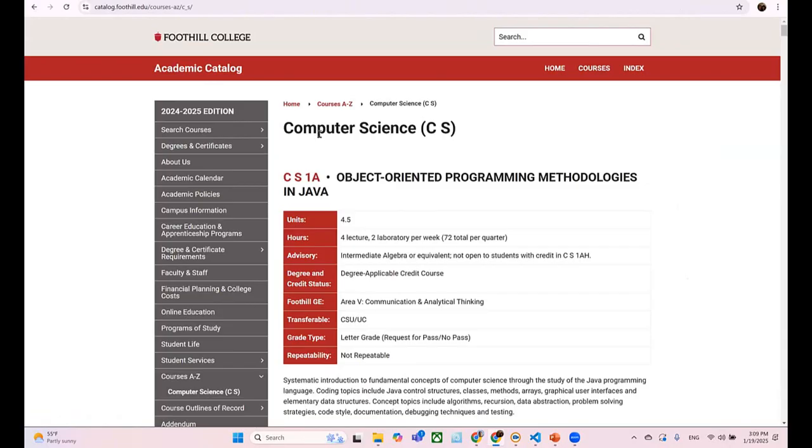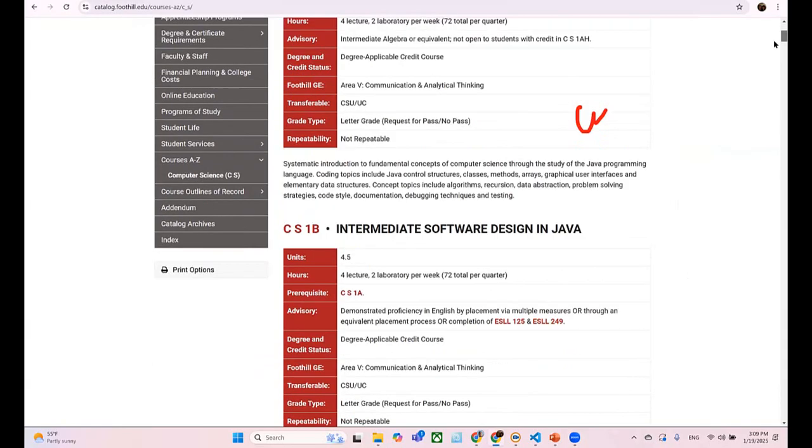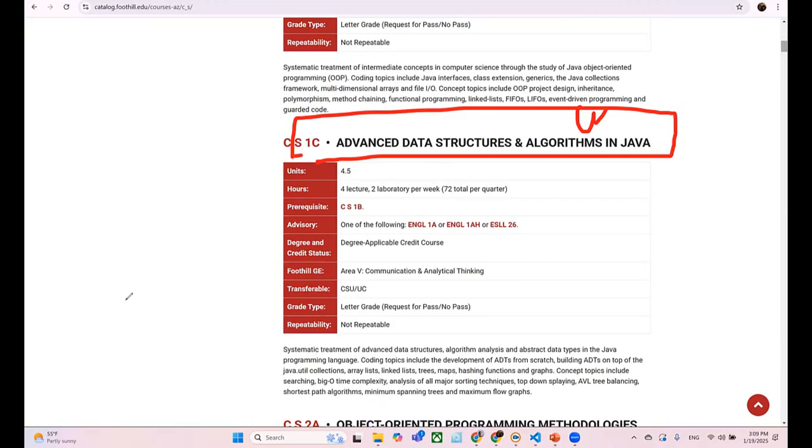So here is a CS. They do have a CS, so they have the level 1 CSA. This is about AP ComSci A's level. So they do offer you ComSci 1, 1B, 1C. 1C is level 3, advanced data structure and algorithm in Java. So you can see level 3 is right here.